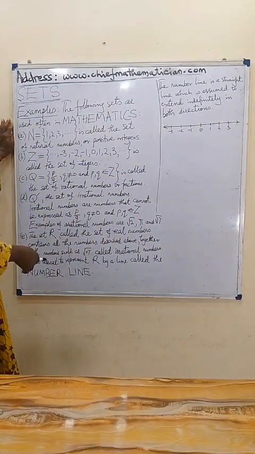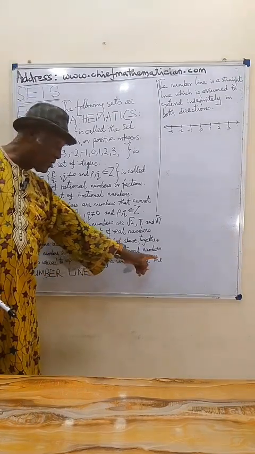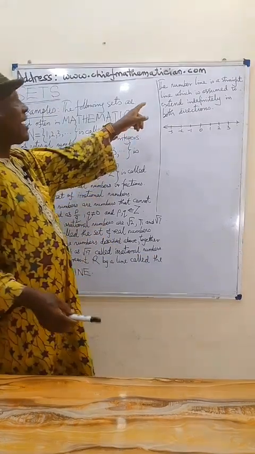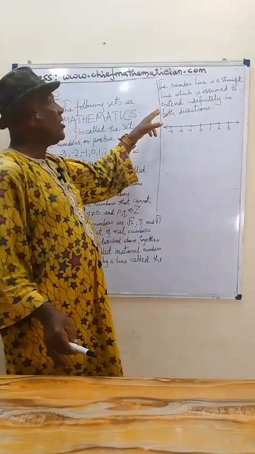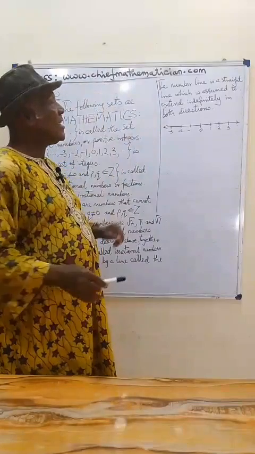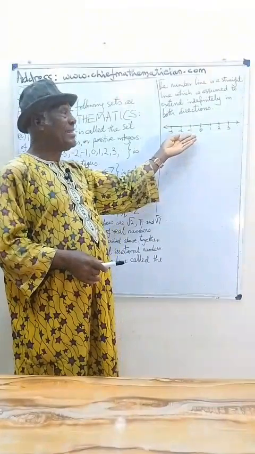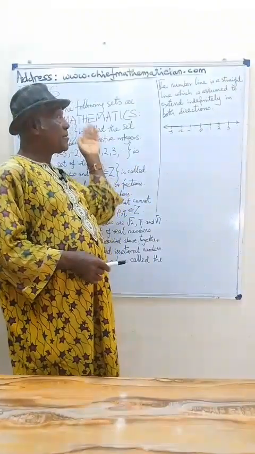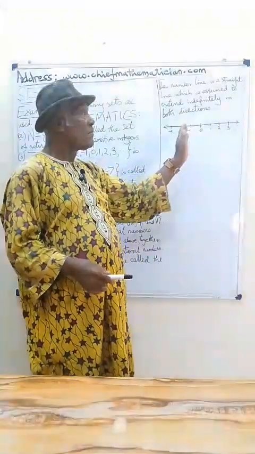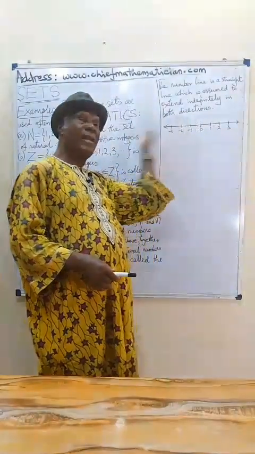The number line is a straight line which is assumed to extend indefinitely in both directions. This is an example of a number line. It continues to the left, continues to the right. From what we can see here, it continues positively to the right, negatively to the left.